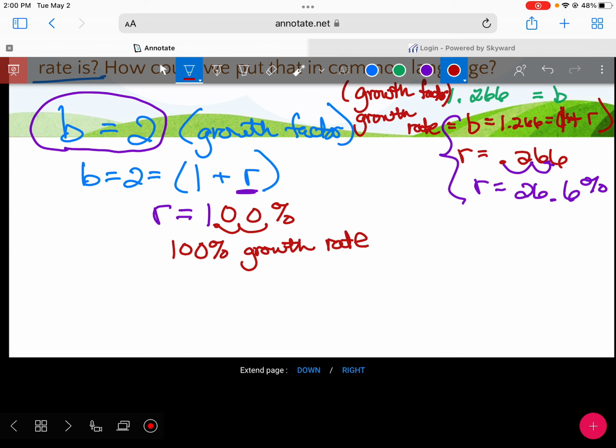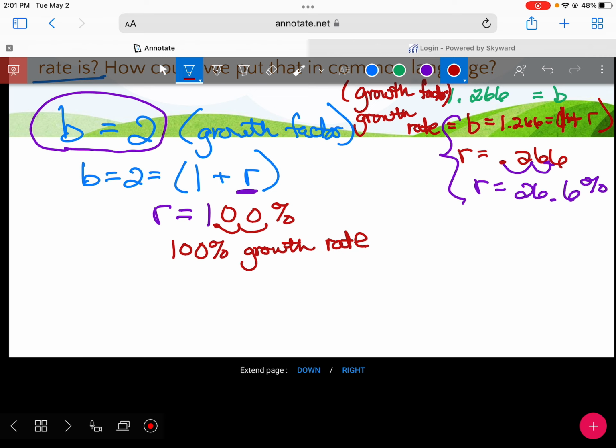If you have a 100% growth rate, let's say your hair grows really fast, and let's say it's 4 inches long. If I have a 100% growth rate, how long will my hair be? It's 4 inches now.